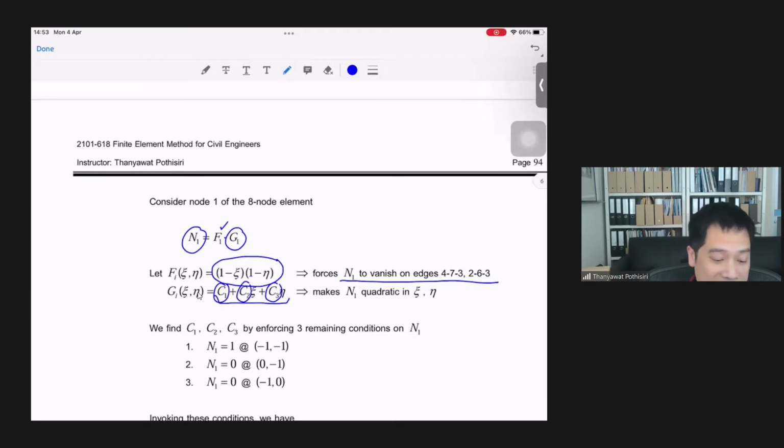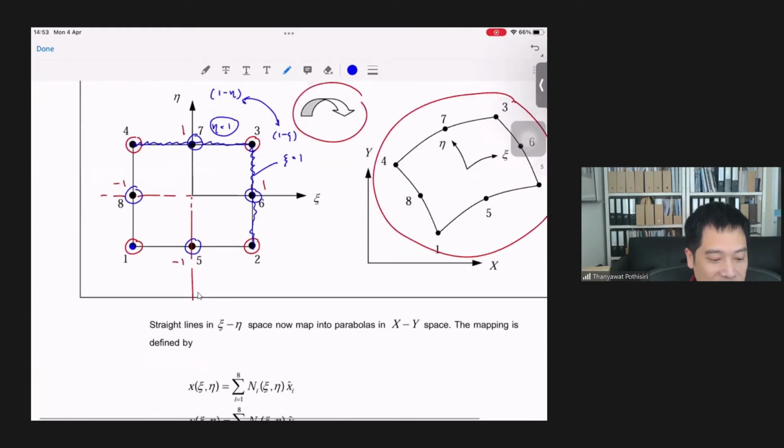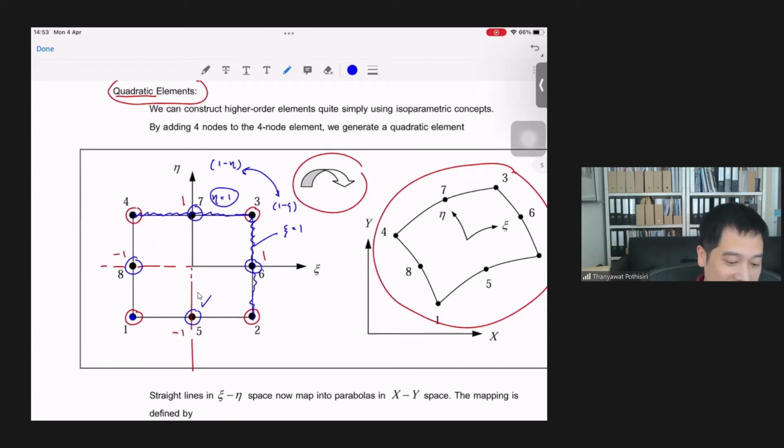We can do that by enforcing these conditions onto N1. You know that N1 is equal to 1 at node 1, at this value of xi and eta. We still have information at node 5 and node 8, which have not been used, so we're going to use the information at these two nodes.